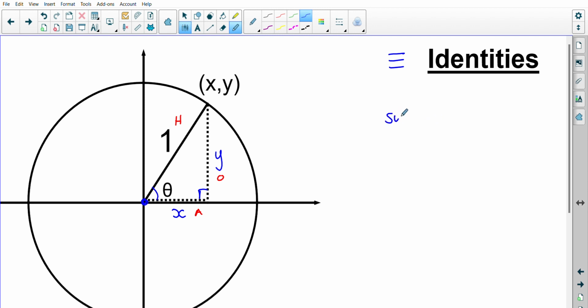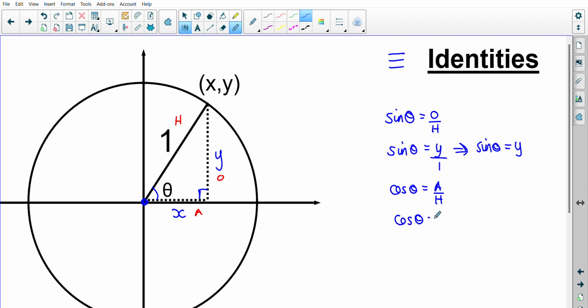So if I think about sine theta, it's opposite over hypotenuse. So sine theta equals y over 1, which will be just sine theta equals y. Then if I think about cos theta, that's adjacent over hypotenuse. So looking at the unit circle, it'll be x over 1.